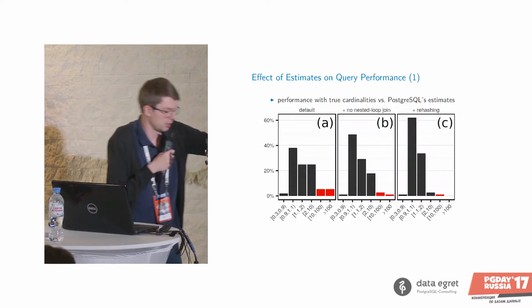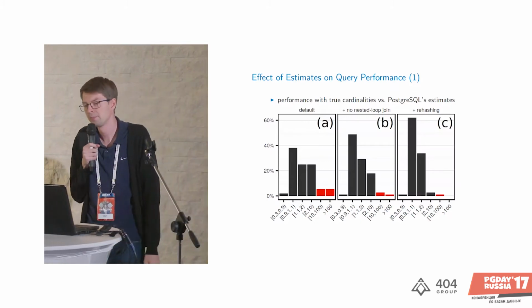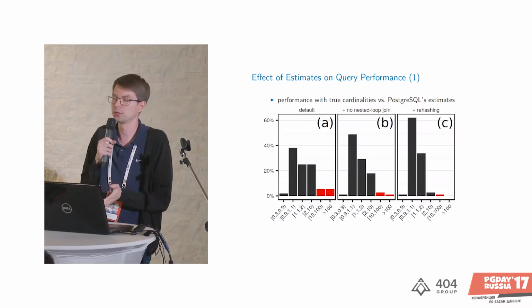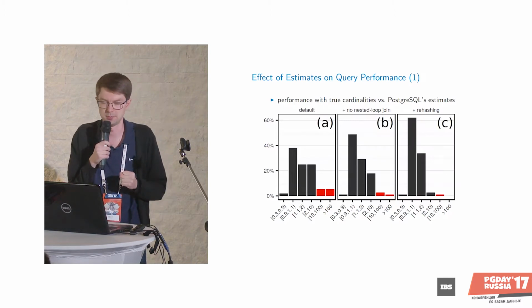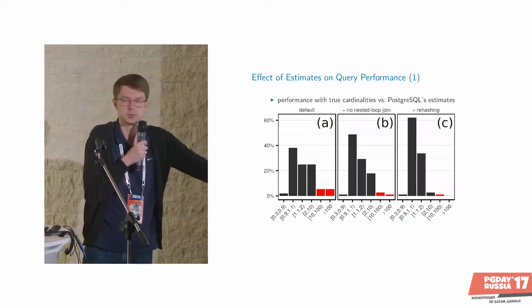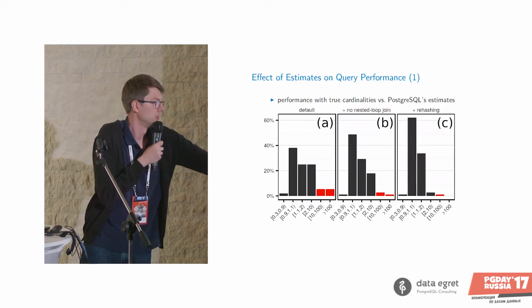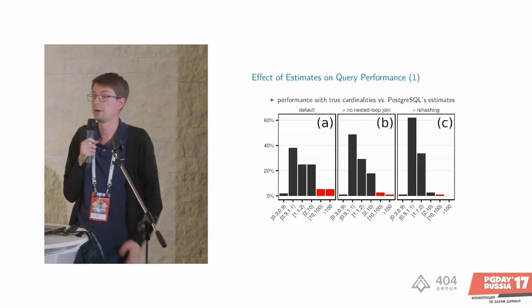And this is summarized in the distribution in figure A: how much worse you are because of cardinality estimates. So these are the buckets. This bucket is like 10% off, so that's pretty good, you're close to the optimum. And the red ones are a factor of 10 off, or even more than a factor of 100 off.